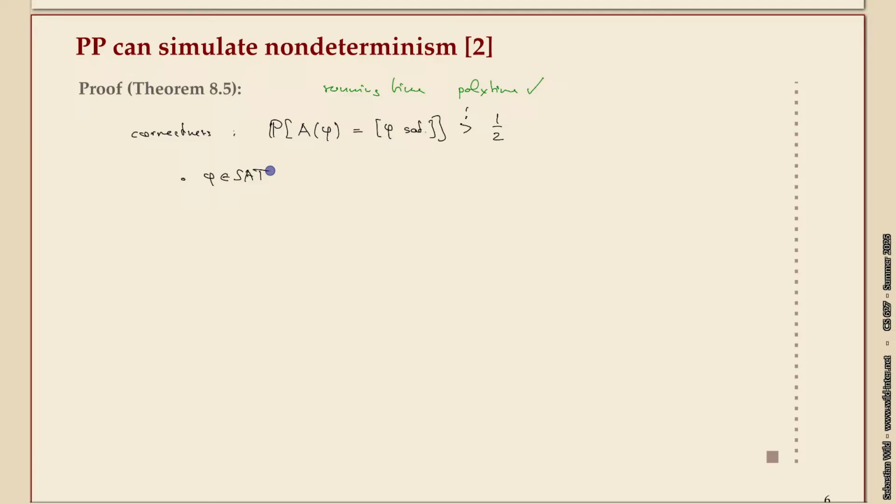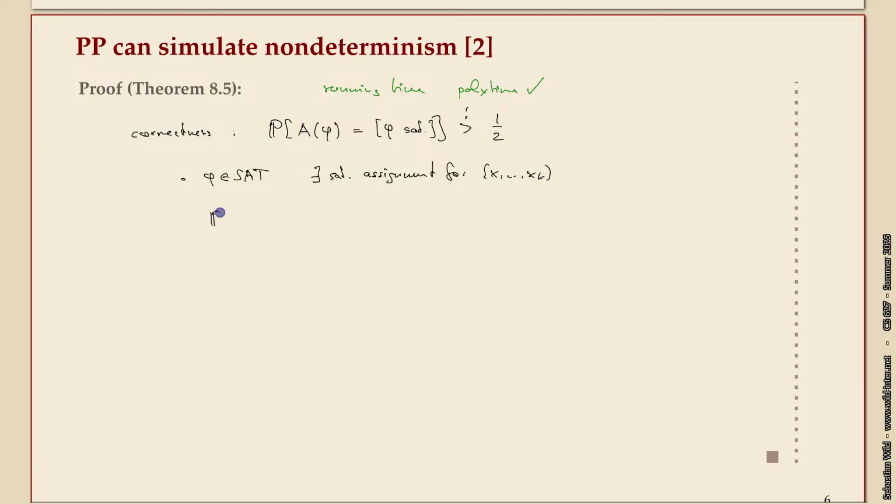But if phi is satisfiable, at least one satisfying assignment exists for the variables x1 up to xk. Now, in the worst case, there's a single one. That's the only thing we can say.